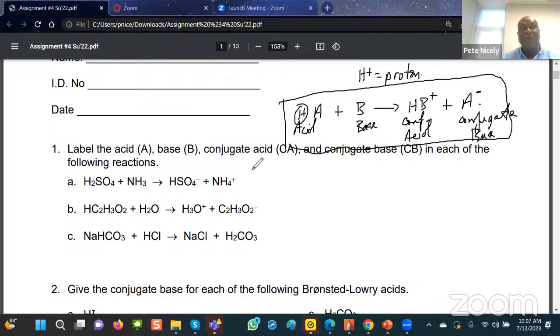Okay, so based on what we have just discussed here, this question says label acid A, base B, conjugate acid CA, and conjugate base CB in each of the following reactions. All right, so what would you say H2SO4 is? Anybody?